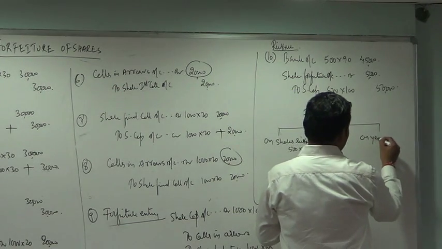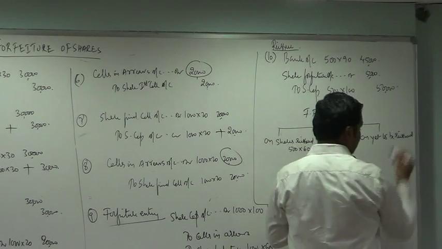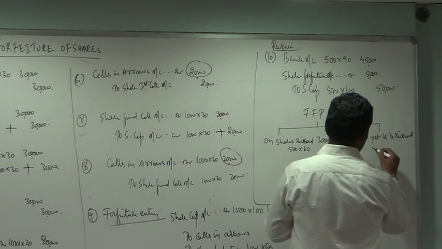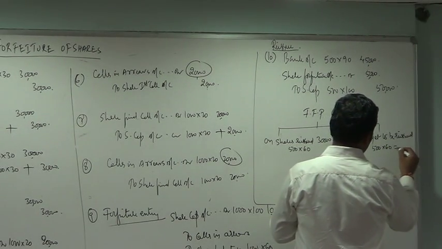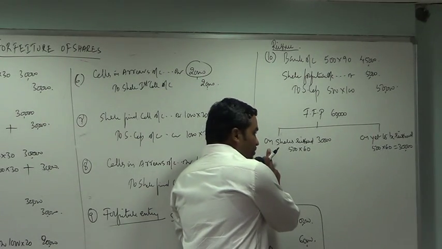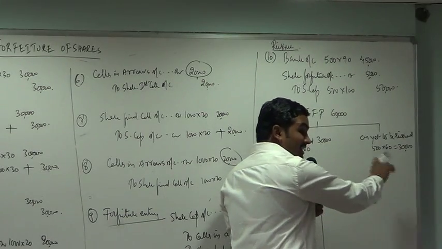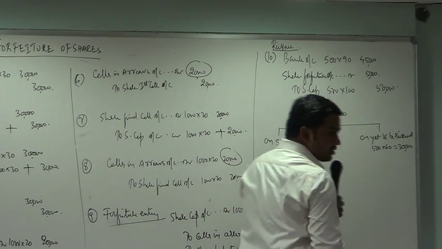On yet to be reissued. Yet to be reissued means what? In the future. 500 into 60, 30,000. Forfeiture profit on shares reissued 30,000. Forfeiture profits on shares yet to be reissued in the future 30,000.